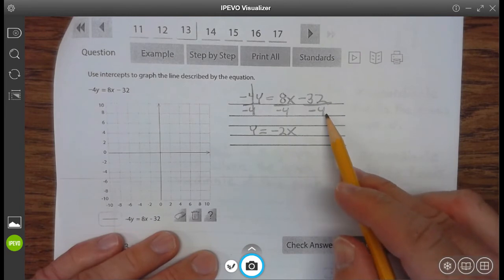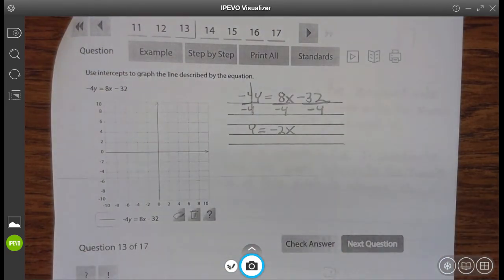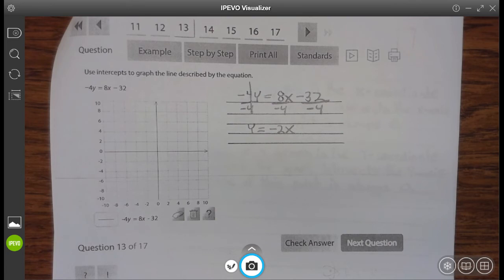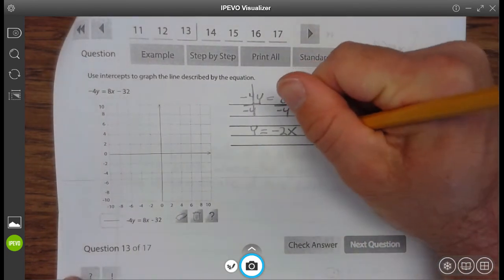Negative 32 divided by negative 4 is plus 8.